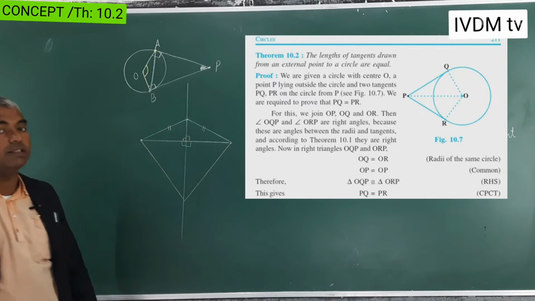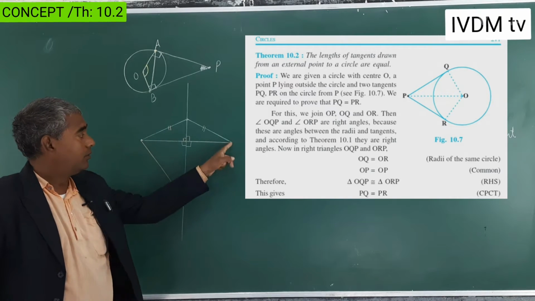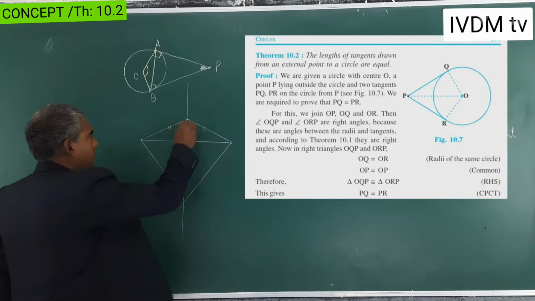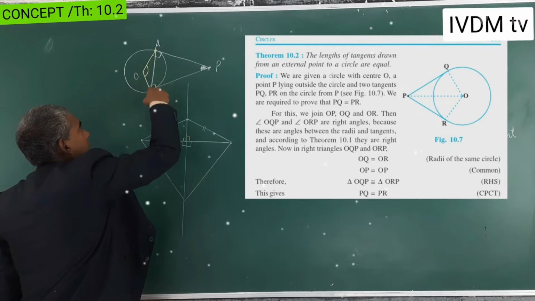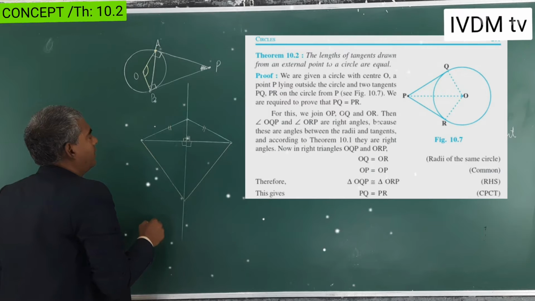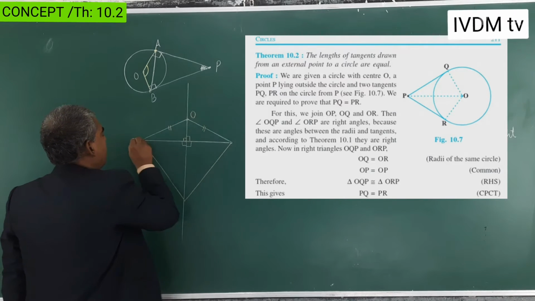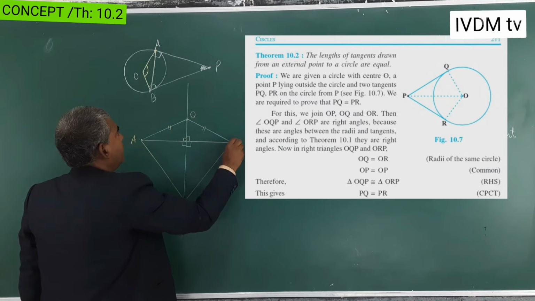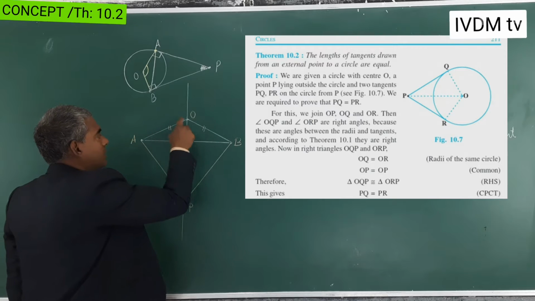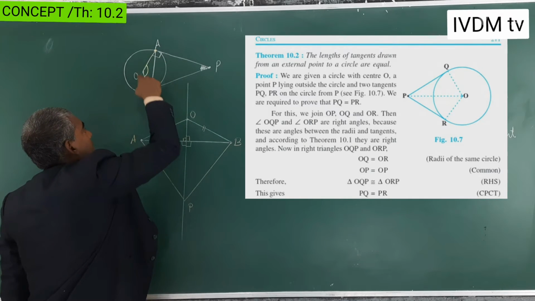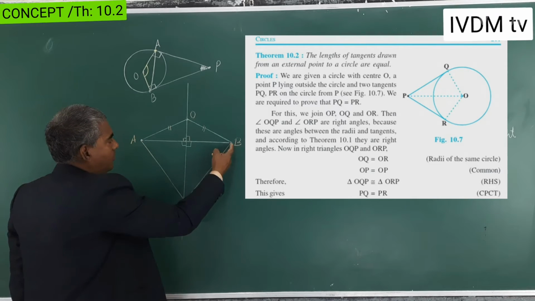So, as in class 8, you will see these are the diagonals also. If I write here, this is O, A, B and P. So OA is equal to OB and AP is equal to BP.